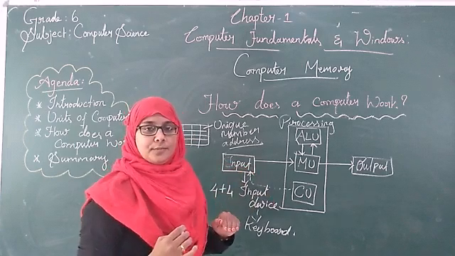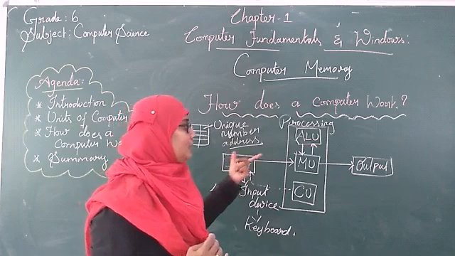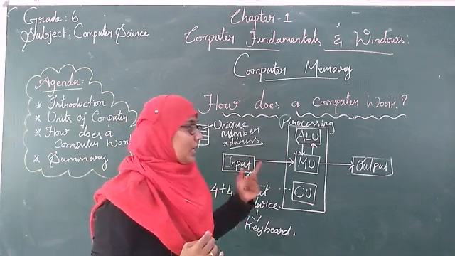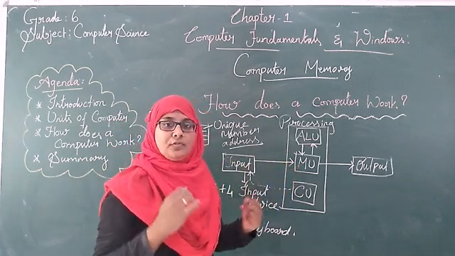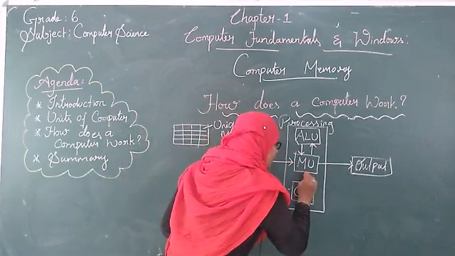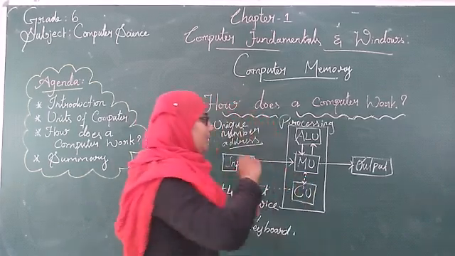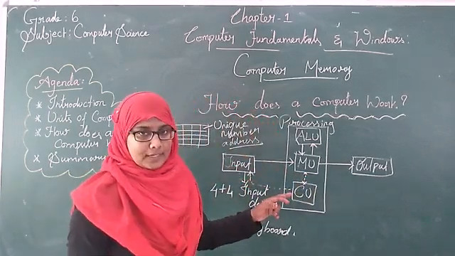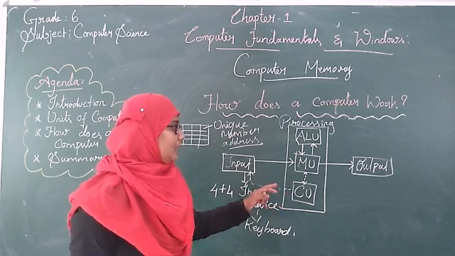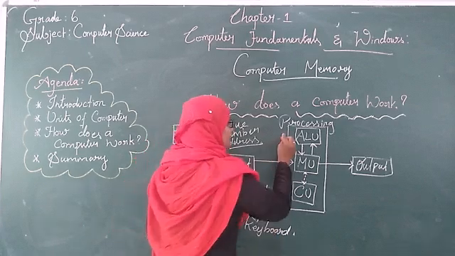Once it has received the input, the control unit will give the instruction to the input unit to send the data to the memory unit. After that, the memory unit will wait for the instruction from the control unit. The control unit will give the instruction to the memory unit: get the data, send the data to the ALU.